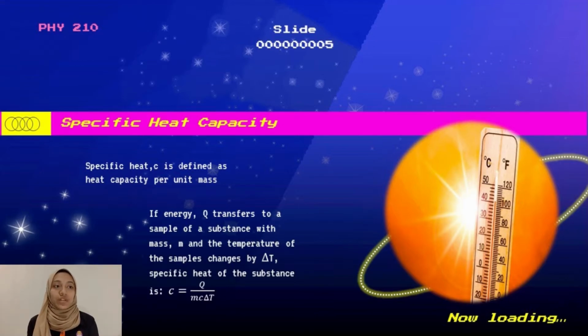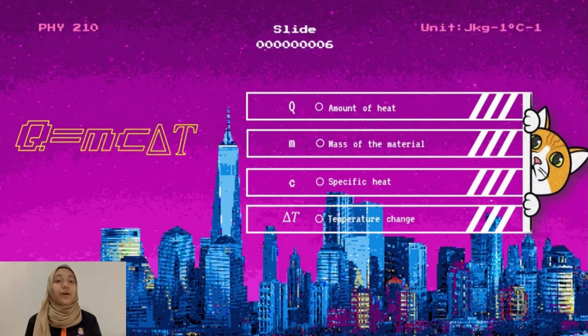If energy transfers to a sample of a substance with mass m and the temperature of the sample changes by delta T, the specific heat of the substance can be written as c equals Q over m delta T. From the definition, we can relate that Q equals mc delta T, where Q is the amount of heat, m is the mass of the material, c is the specific heat, and delta T is the temperature change. The unit for specific heat capacity is joule per kilogram Celsius. Make sure you remember this for your examination later.